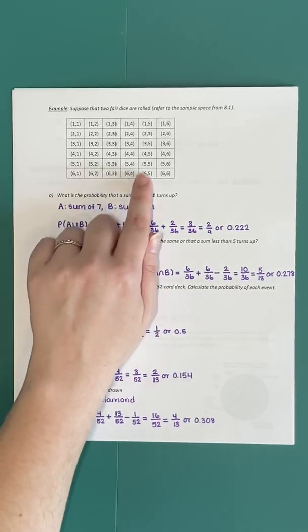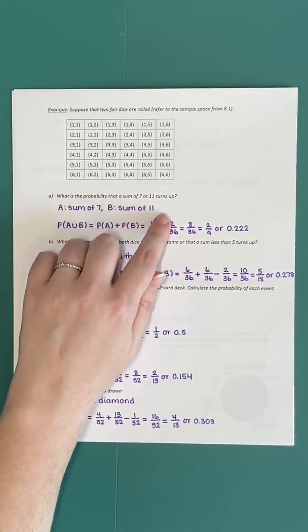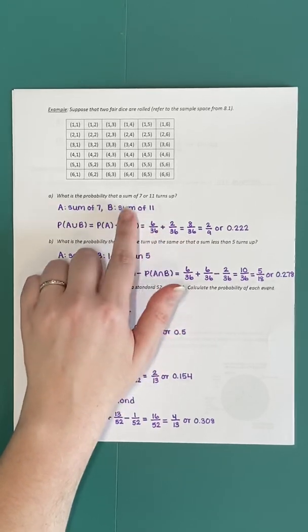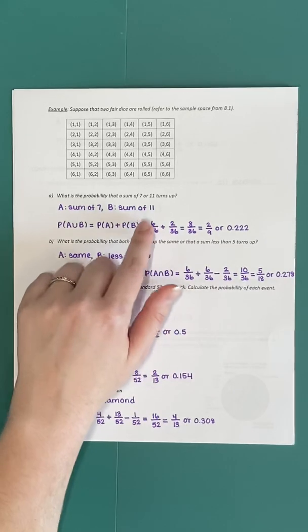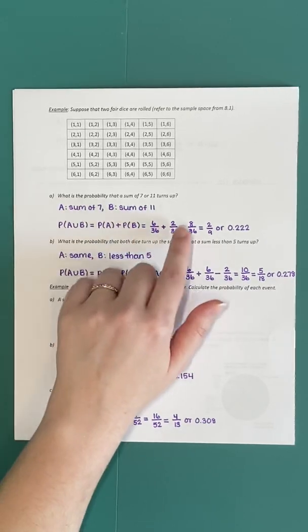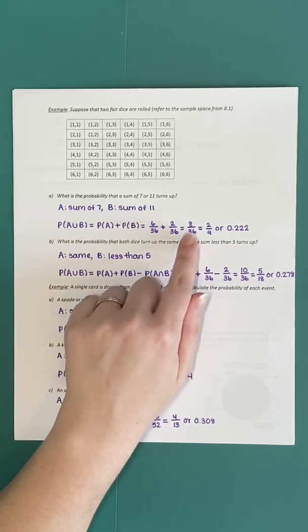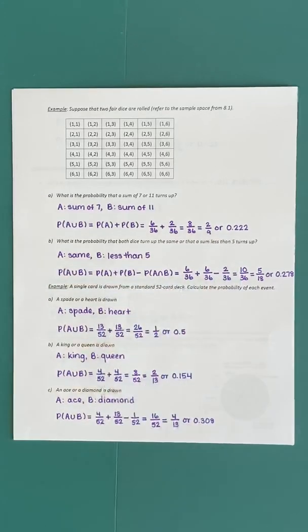We could roll a 6 and a 5, or we could roll a 5 and a 6. So 2 outcomes out of the 36 in total. So 2 out of 36 is the probability of rolling an 11. Because of those common denominators, we can just add the numerators together. So it's going to be 8 out of 36 for the probability of our union. That's going to reduce to 2 out of 9, or approximately 0.222.